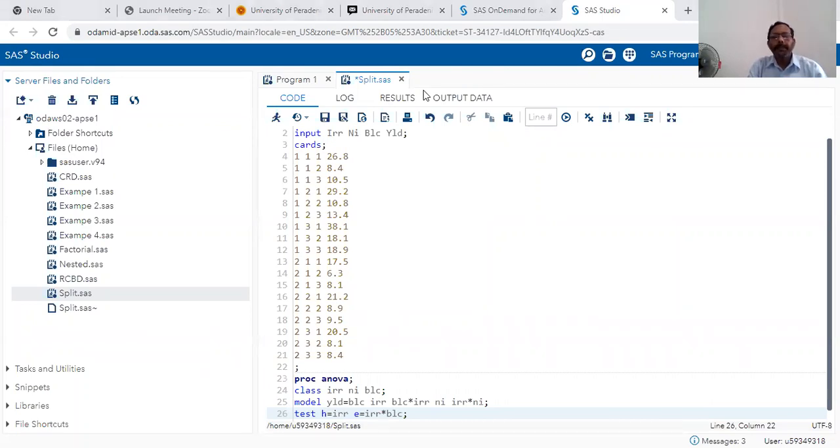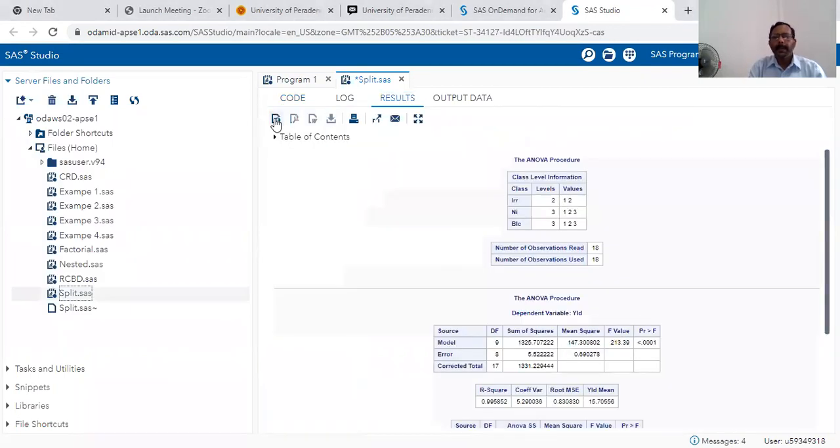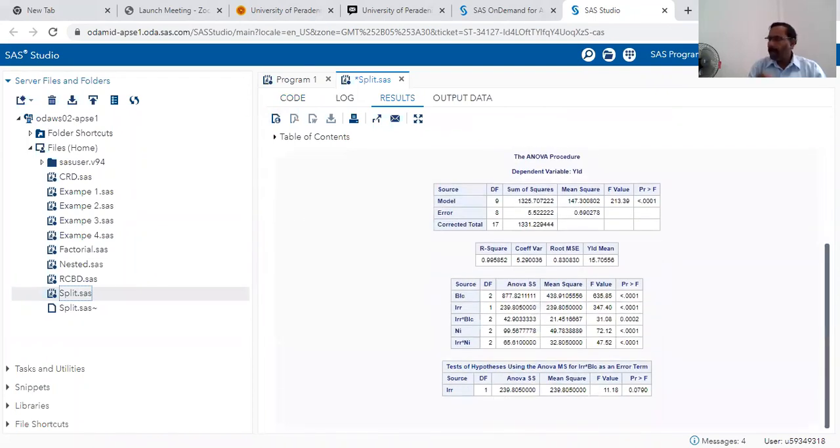Okay. Right. Now we can test. We can run this. Everything is the same. We go to the last box. This is where we test our irrigation. Our value is, as I said, 11.18.